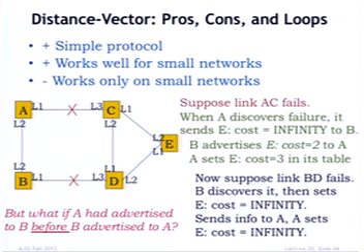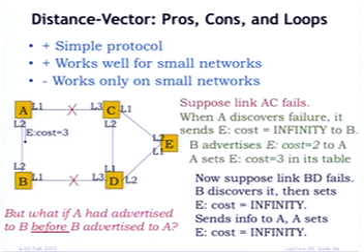So what happens now is A sends out an advertisement to B saying it has a route to destination E at a cost of 3, which is very valid, right? After all, A does have a route in its routing table to E whose cost is 3. It so happens it goes through B, but A doesn't yet know that link BD has failed. Now we're a little bit in trouble because B now believes that its routing table entry for E is at a cost of infinity because BD has failed.